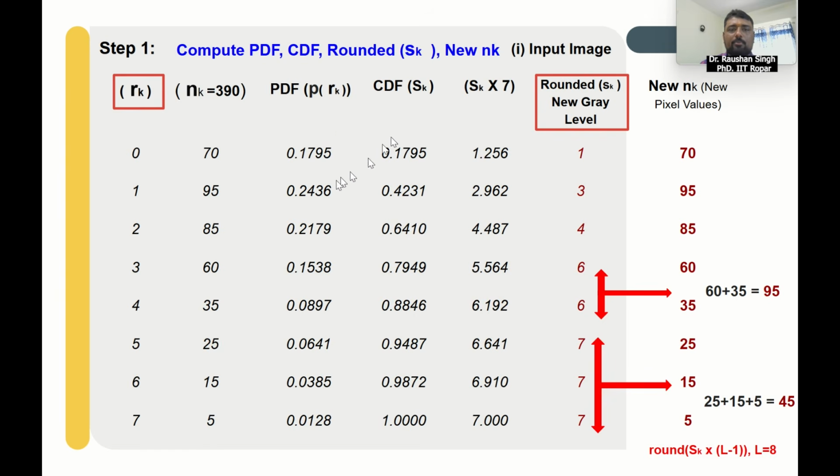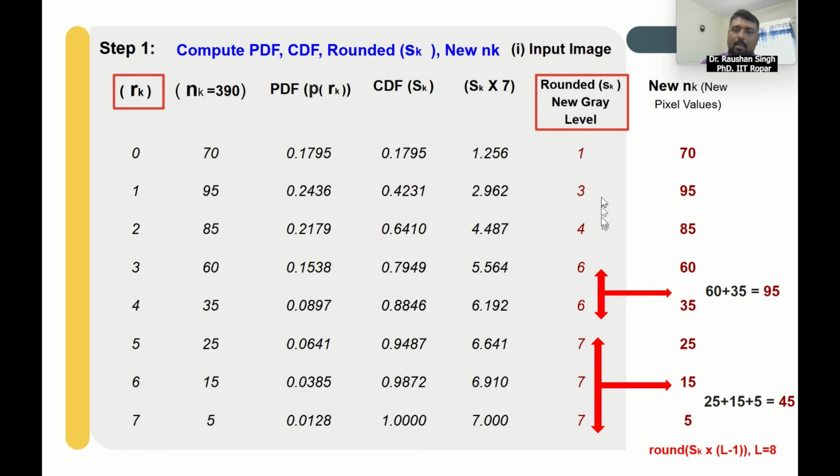This value plus this value gives this one, then this plus this gives this one, and likewise it goes. Ultimately it comes to 1. Then sk into 7: this value multiplied by 7 is this one, and likewise you get 7 at the end.